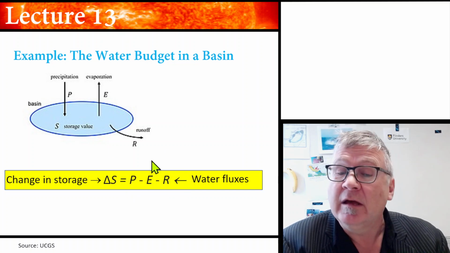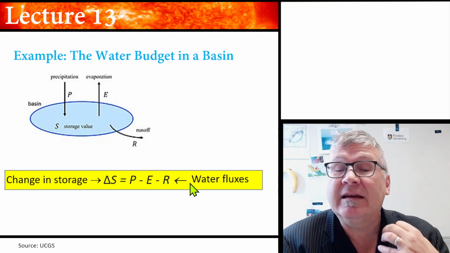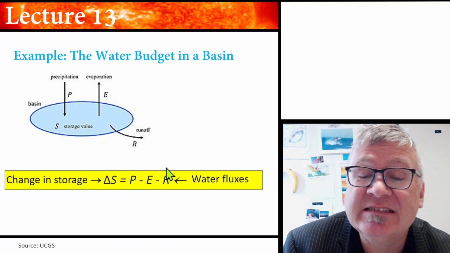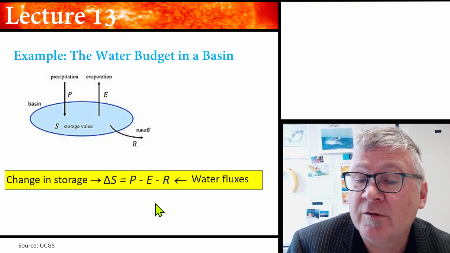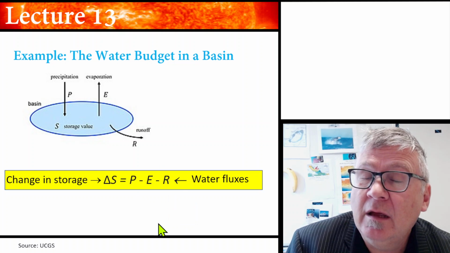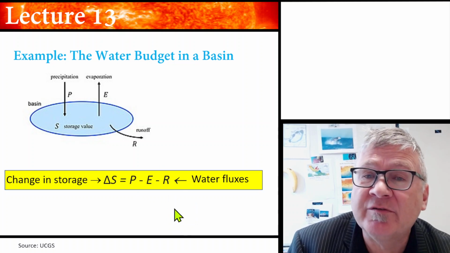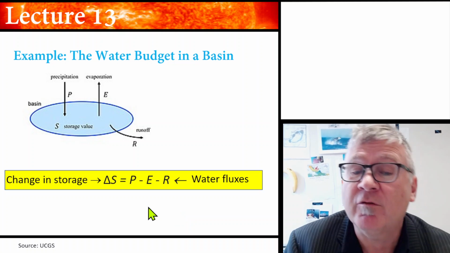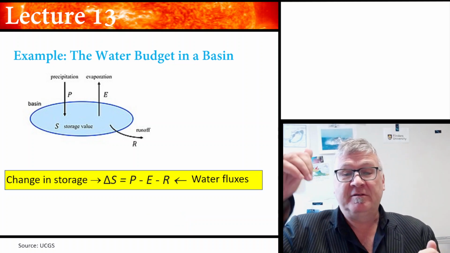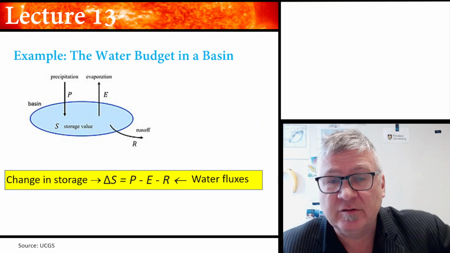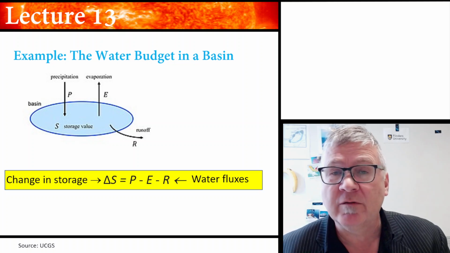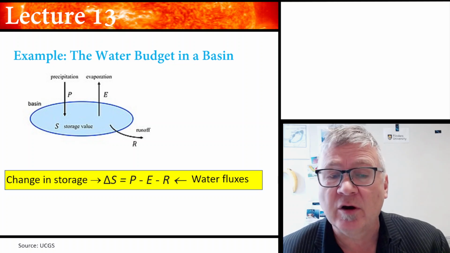And if this sum is 0 on the right-hand side, then we have no change of our storage value. For example, if precipitation is the same as evaporation, and you have no runoff, there is no change of your storage value.